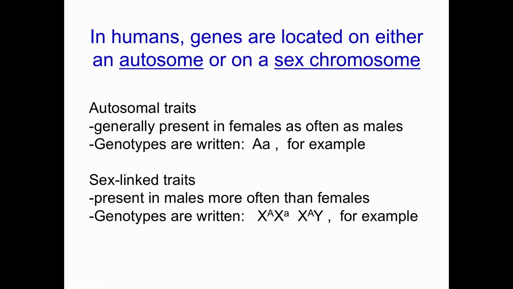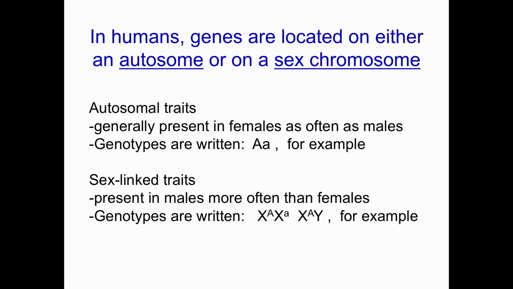Okay, so what all that means is, of course, we know that in humans we have 23 pairs of chromosomes, 23 homologous chromosomes, for a total of 46 chromosomes. And we inherit 2 alleles for each gene, right? And genes, of course, are located on our chromosomes.